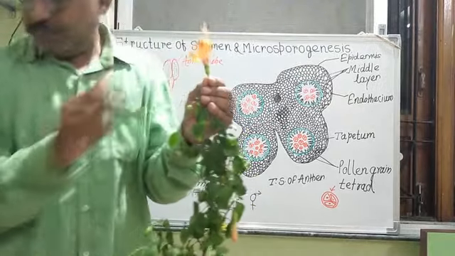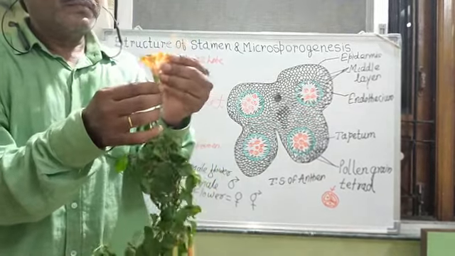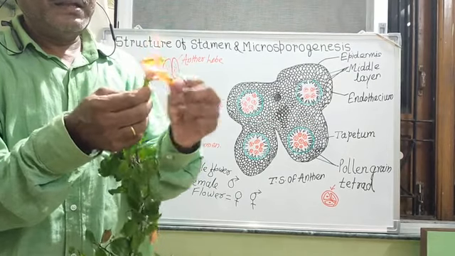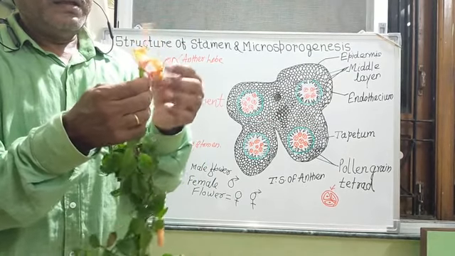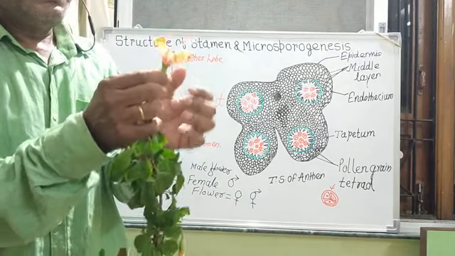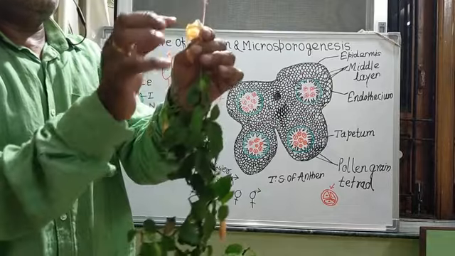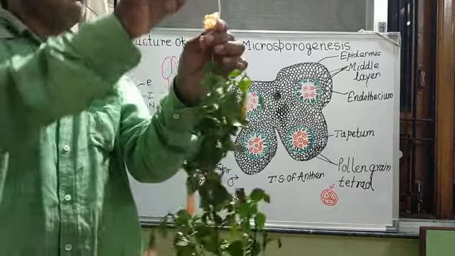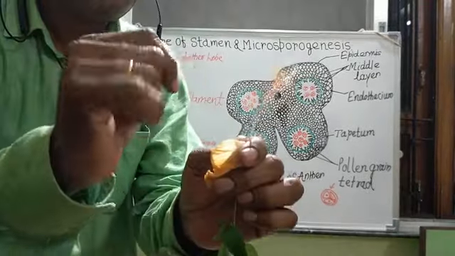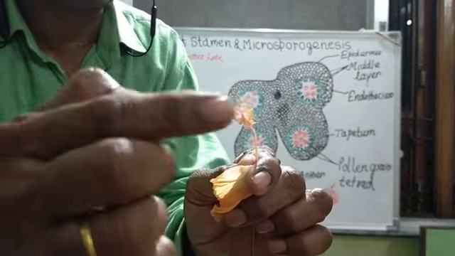So look here, the five petals are present in different vegetation. And look at these portions. This is the gynoecium, the complete gynoecium. The topmost portion is called the stigmatic portion.